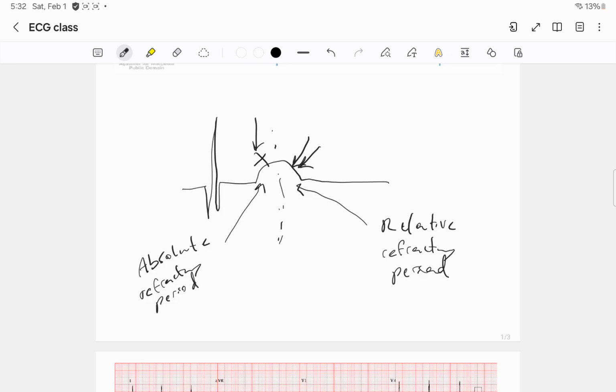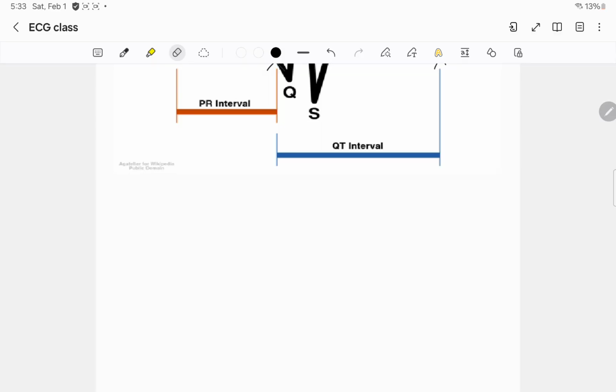So therefore you can see how if my QT interval is longer, there's more time and a greater chance that an impulse might fall during this relative refractory period. In later videos I will go into more detail about possible causes of a prolonged QT interval.